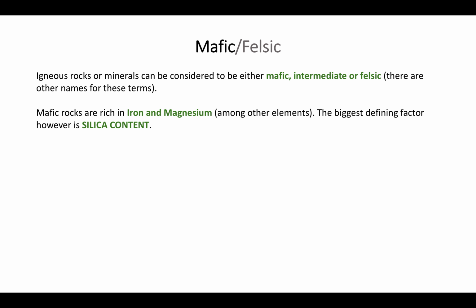So, igneous rocks can either be classified as mafic, intermediate, or felsic. There are some other names for these terms, like sometimes you'll see mafic being called basic or felsic being called acidic, but these are the main general terms. So mafic rocks are rich in iron and magnesium, but the biggest defining factor, which is what is generally used to separate the classifications, is silica content.